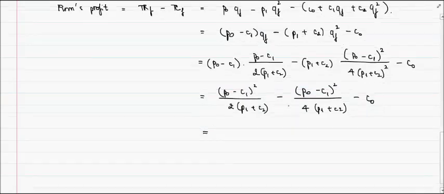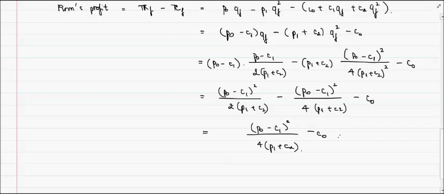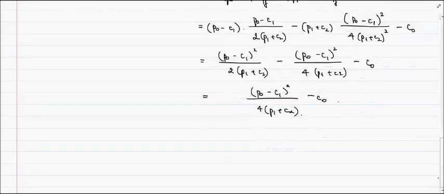Simplifying this, this minus this will give me (P0 minus C1) squared divided by 4(P1 plus C2), and that is minus C0. So this is the firm's maximum profit when the firm is producing at the profit maximizing level of output.